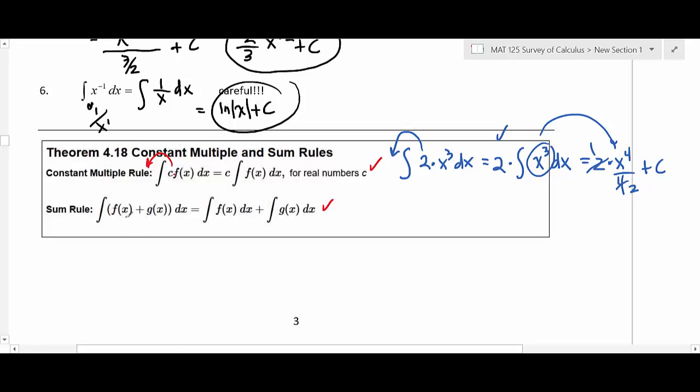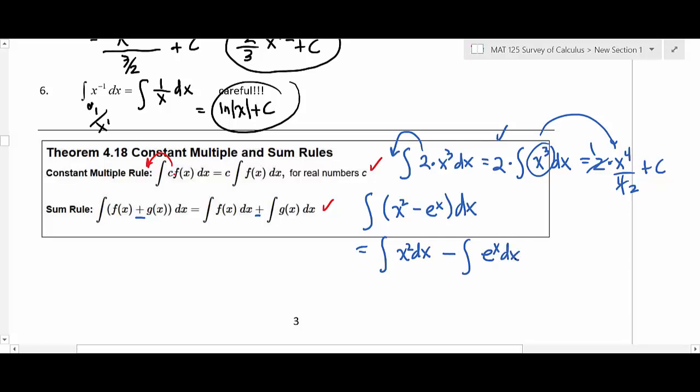What this one says is the sum rule. Now, this could also be minus, so it's not a bad idea to put a plus or minus there. An example would be the integral of x squared minus e to the x dx. I'll keep it simple. You can do this in your head, but technically what you're doing is the integral of x squared minus the integral of e to the x dx. That's what you do on derivatives.